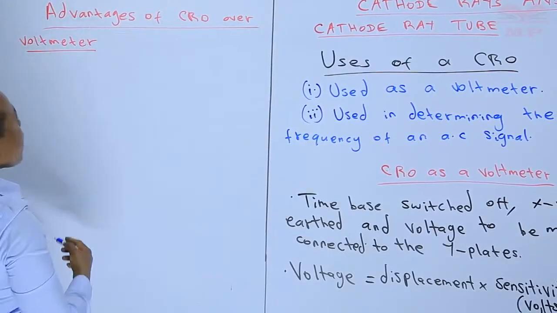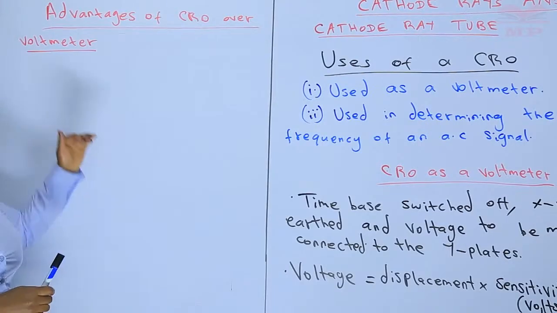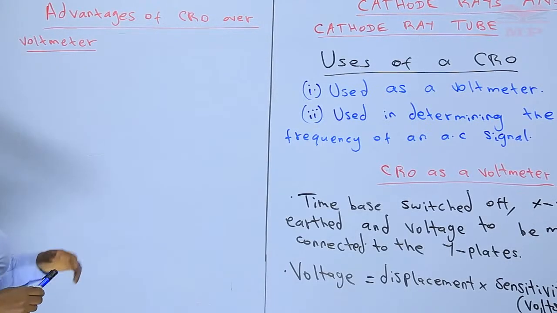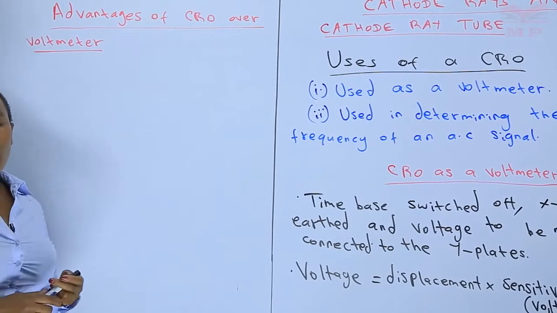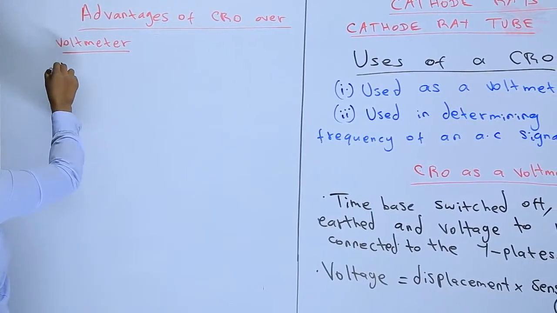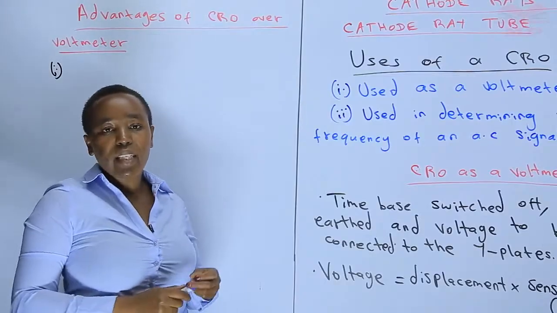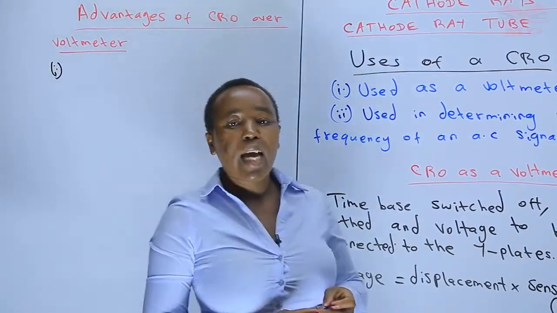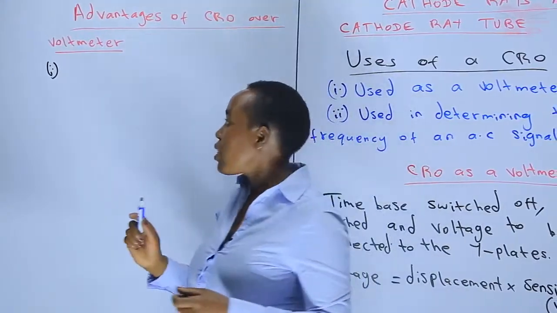Now, we have seen that a CRO can be used as a voltmeter. What are the advantages of the CRO when used as a voltmeter over the ordinary meters? So one of the advantages is that it can be used to measure both direct current and alternating current voltages. That's number one.